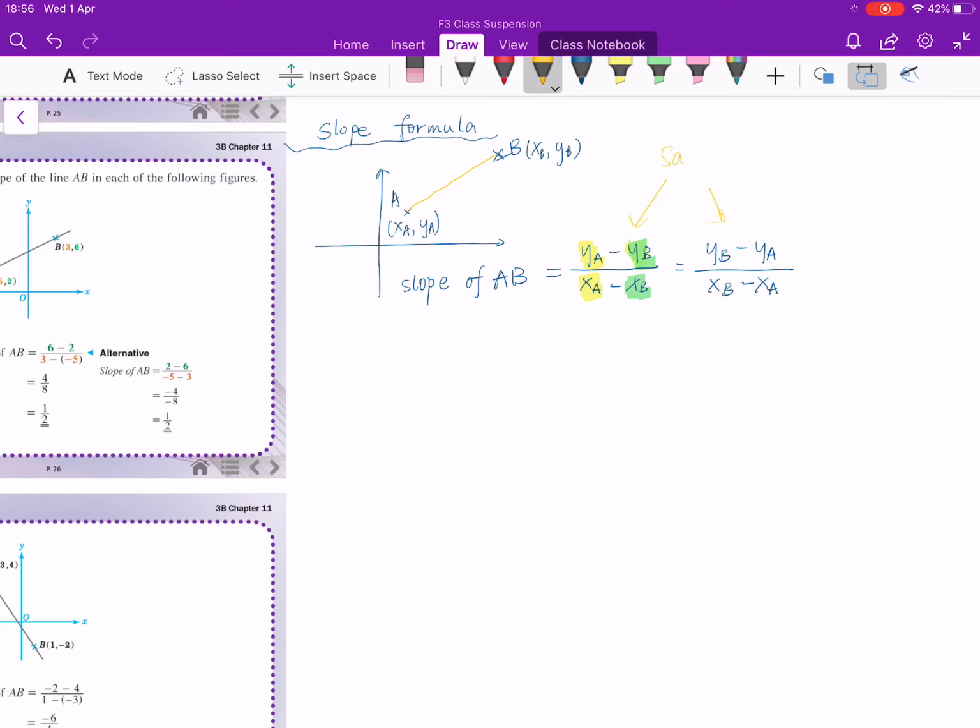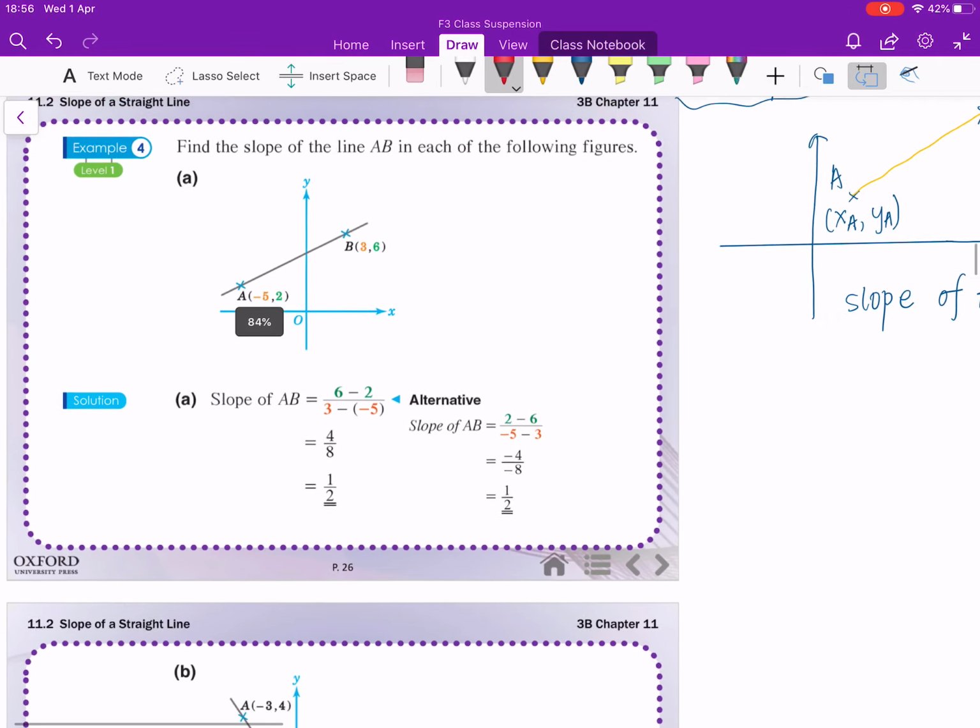You just need to follow the same order in both numerator and denominator, but you can interchange the order in both at the same time. So these two are correct, but if I use A minus B in the numerator and B minus A in the denominator, this is a wrong calculation.